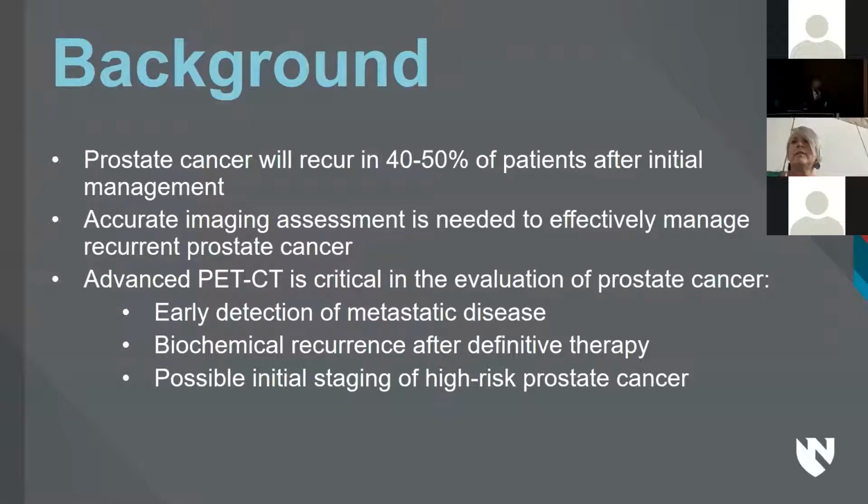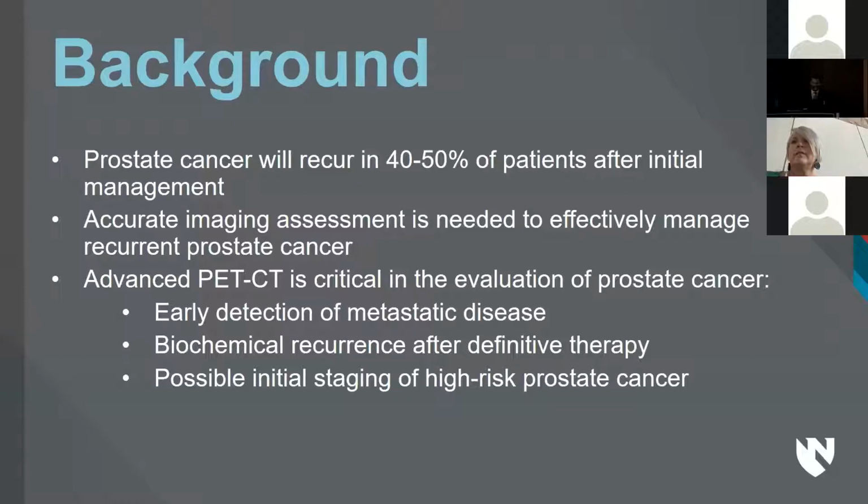Some background information. We know that prostate cancer, especially high-risk prostate cancer, has a high risk of recurrence. And we detect recurrence by PSAs after either surgery or after definitive radiation therapy. To be able to effectively manage these biochemically recurrent prostate cancers, it's often critical to know where the cancer is at.